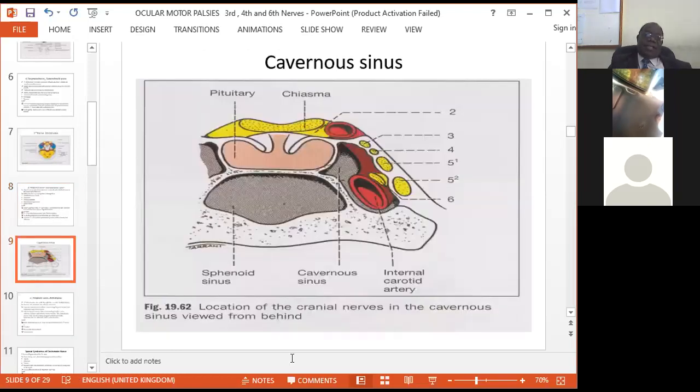This is the cavernous sinus. You can see the different walls of the cavernous sinus. You've got these nerves: third nerve, fourth nerve, fifth nerve, and the sixth nerve. So if there is anything like this blood vessel, if it breaks up there, all these nerves will be affected by pressure.